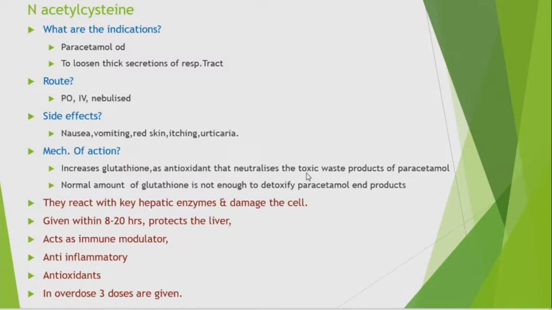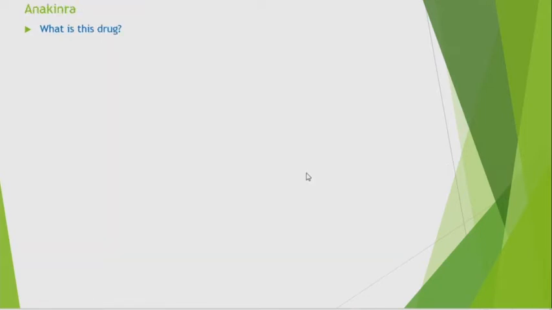It has anti-inflammatory, antioxidant properties. Overdose, 3 doses are commonly given. Sometimes you check the levels of the paracetamol before you decide the dose. For that purpose, you have to check the blood levels 4 hours after the intake of the poison, if you know the timing. And as per the nanogram level, you can decide the dose.